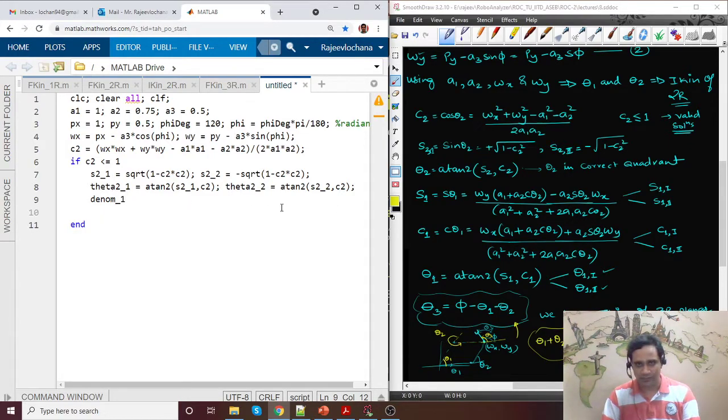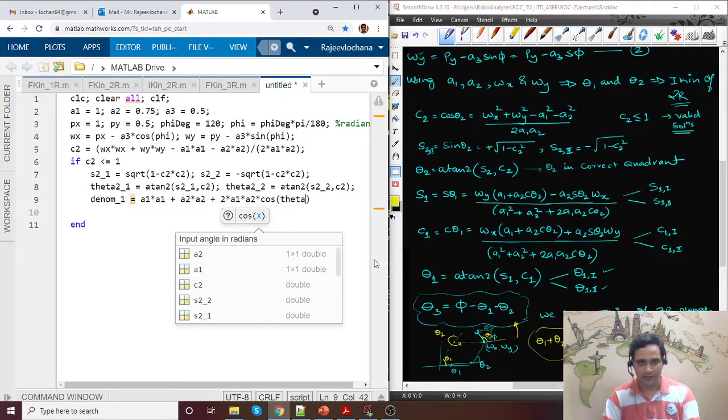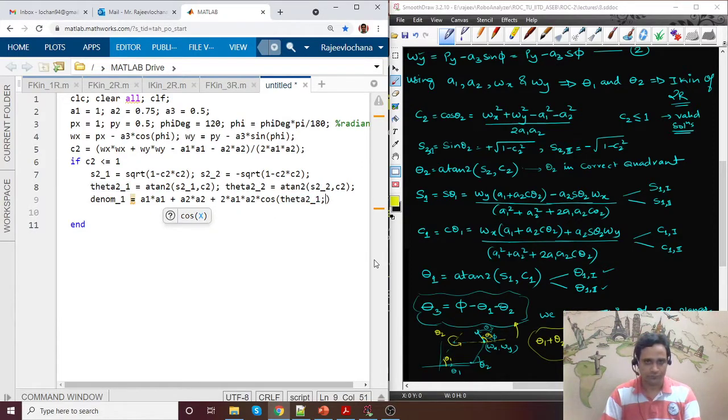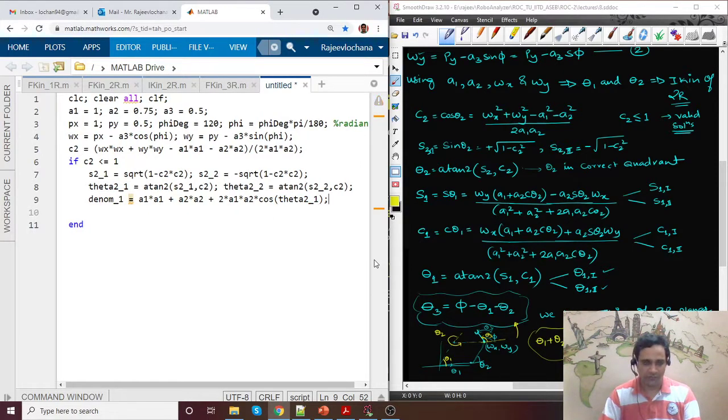Depending on which theta 2 value you put, you'll get the particular value. The expression is the same: a1 into a1 plus a2 into a2, square, plus 2 into a1 into a2 into cos of theta 2 underscore 1. So this is the first denominator for the first solution, right?